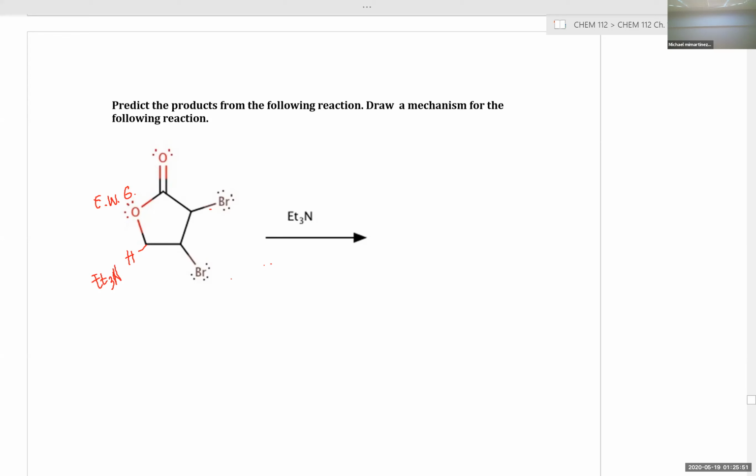Yes, there's only one leaving group that will actually leave in this reaction. And the way you figure out which site is deprotonated is just by comparing the pKa's. And I'll give you a hint. If you think about the pKa of an alpha proton to an ester versus the pKa of an alpha proton to an ether, which proton's more acidic?